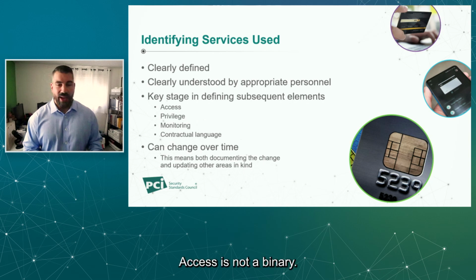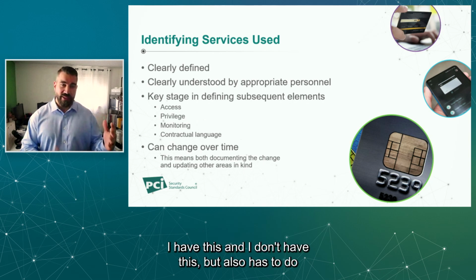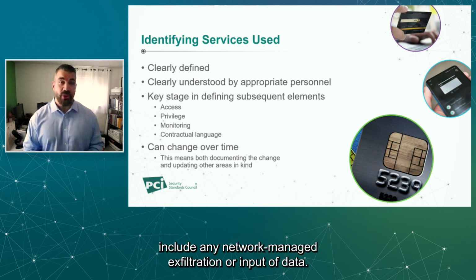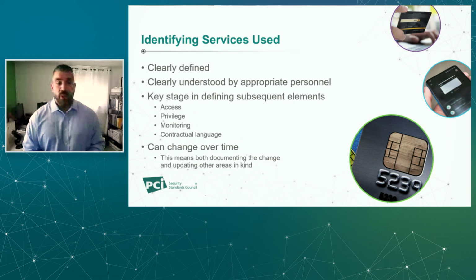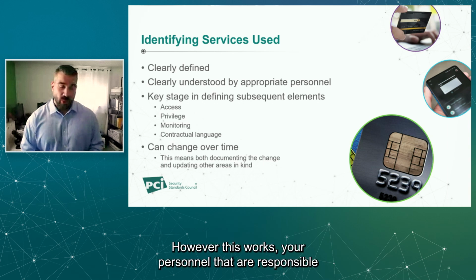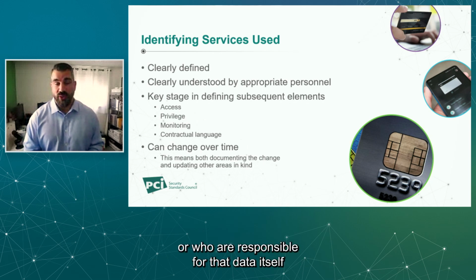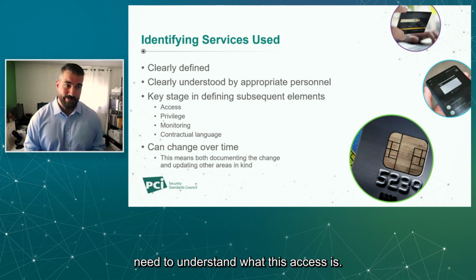Access is not a binary, I have this and I don't have this, but also has to do with the privileges associated with those controls, to include any network managed exfiltration or input of data. However this works, your personnel that are responsible for interacting with these third parties or who are responsible for that data itself need to understand what this access is.